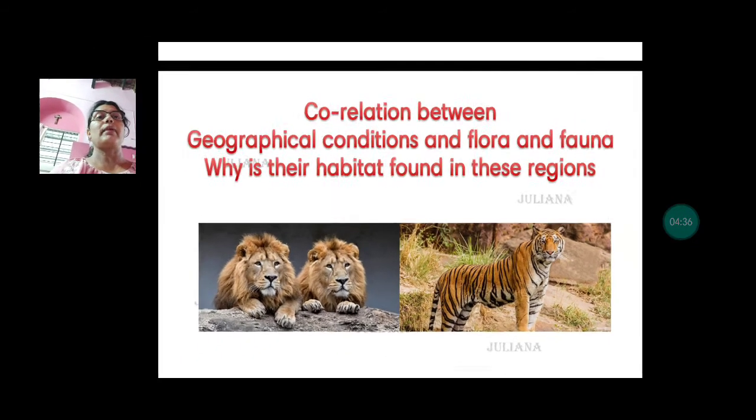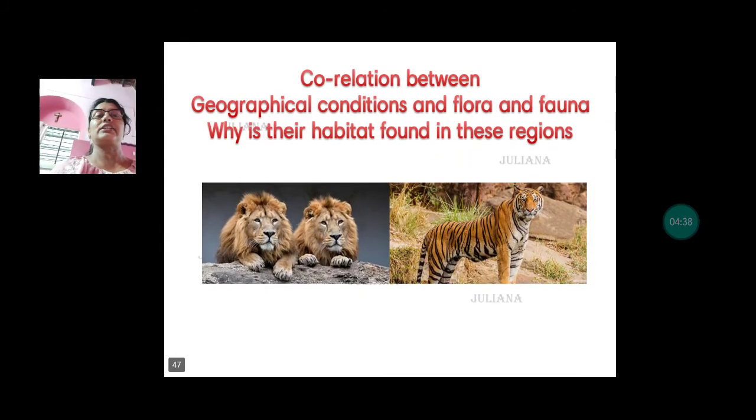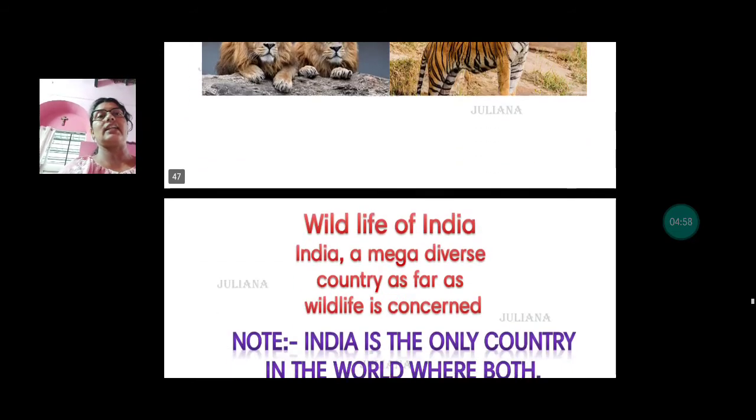Okay, we need to remember that wildlife vegetation is always related with the physiography, the climatic conditions, okay, of a region. Why do we find them in certain areas? Why not in certain other areas? Because the geographical conditions there are favorable, climate is okay, they need vegetation which is found in those areas only.